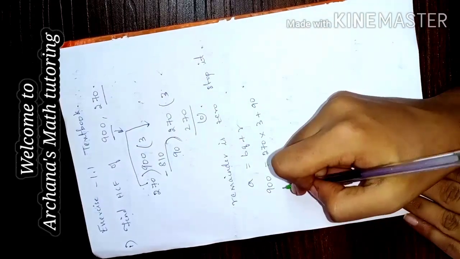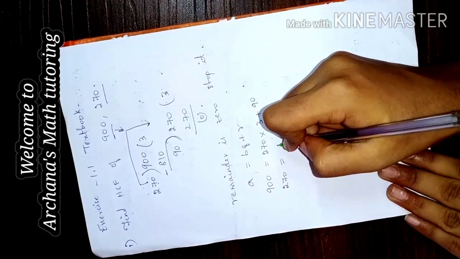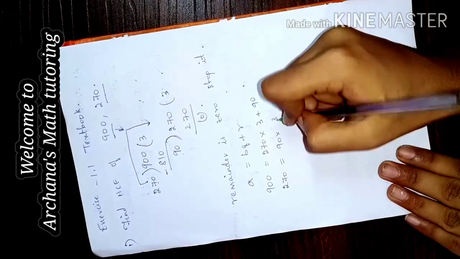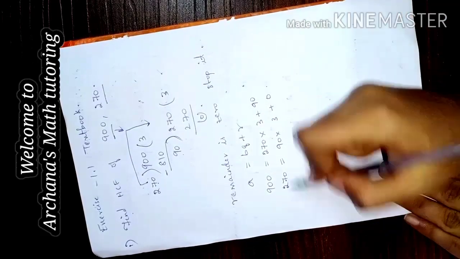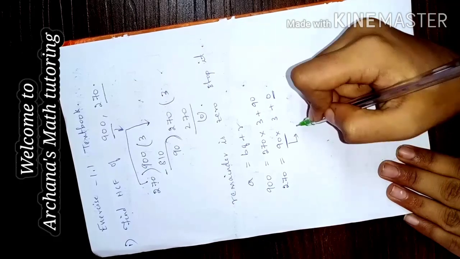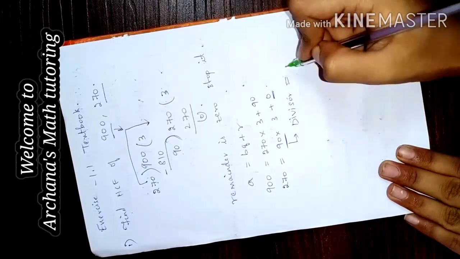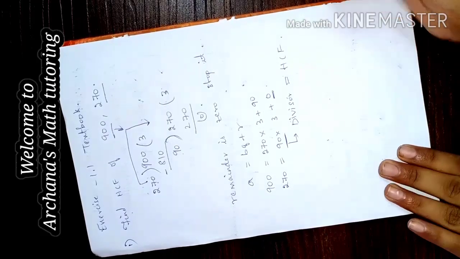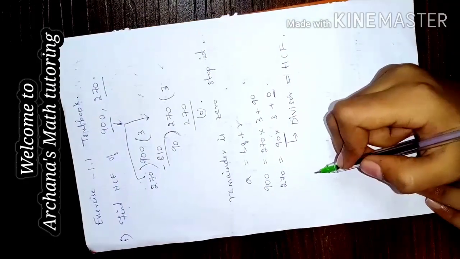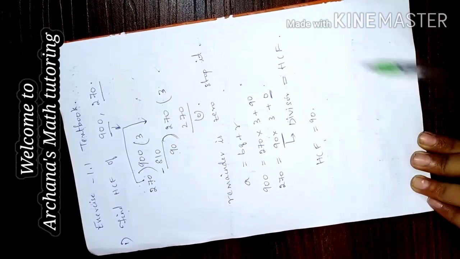For 270 also we will have A is equal to BQ plus R. So here 90 into 3 plus 0. So whenever we get the remainder 0, the last divisor is nothing but the HCF. That's it friends, this is the answer for this problem. So HCF is 90.